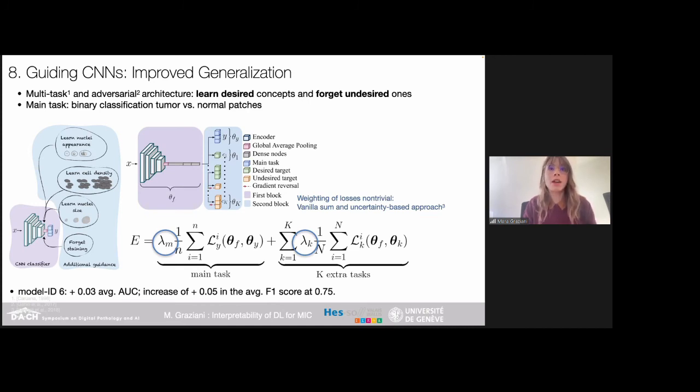So, for example, we might have this CNN classifier that is ideally focusing on learning meaningful features about the nuclei, such as appearance, density, nuclei size, but that would be forgetting, so discarding, these staining differences among multiple institutions. And this guidance can be obtained by leveraging an inductive bias that can be created by combining multitask learning and adversarial training. One thing that I like to say about the results here is that the model seems to be more robust and generalizes better to unseen data.